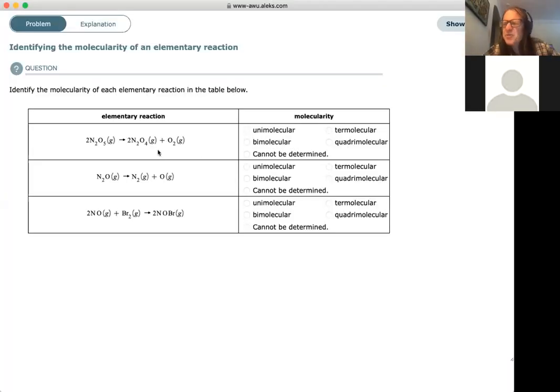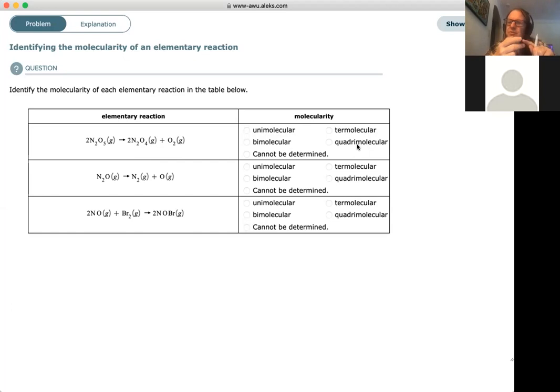The terminology we're going to use is molecularity. So, identifying the molecularity of an elementary reaction. Identify the molecularity of each elementary reaction in the table below. The terms we're using here: unimolecular, cool word, right? Bimolecular, termolecular, quadrimolecular.